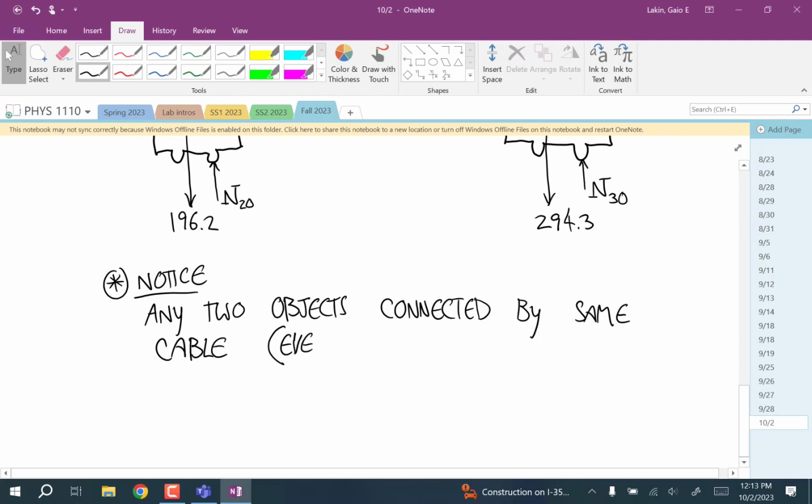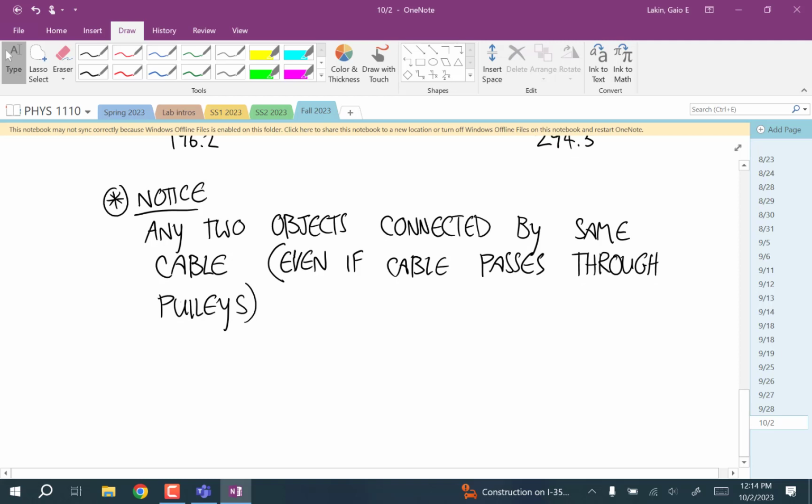So even if the cable passes through pulleys, they feel a pulling force with the same magnitude.